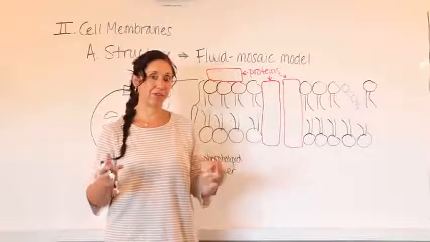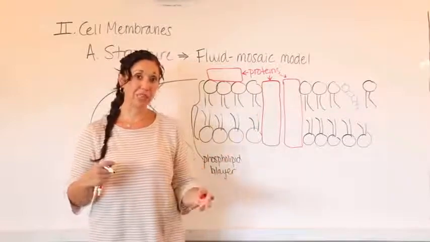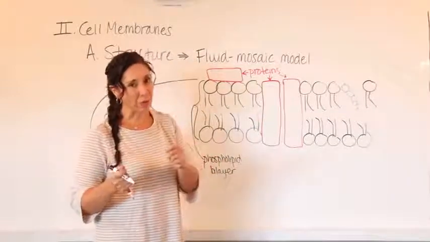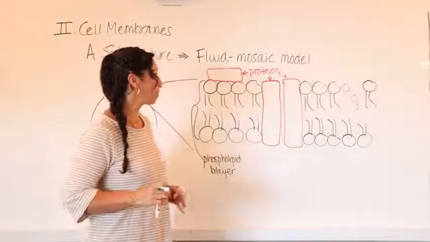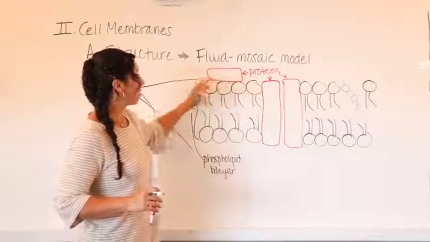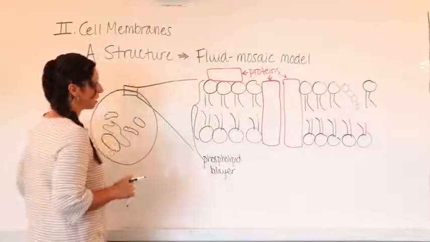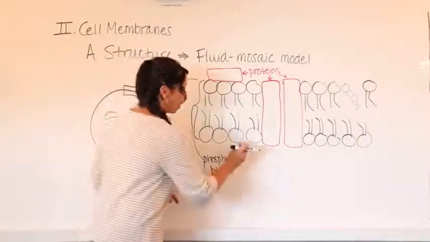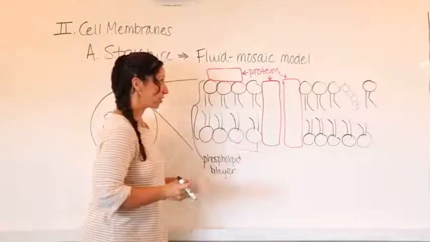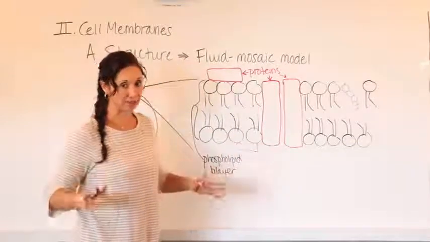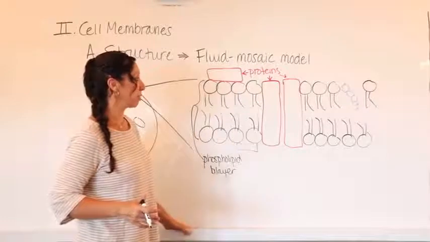Different channel proteins allow things to go in and out freely, or you have to be specific for it. There are different types of channel proteins. This one right here is a peripheral protein because it's just hanging on the outside of the cell. There are also other types of proteins that like to hang out on the inside of the cell too. There's a bajillion different types of proteins that can hang out in the cell membrane.